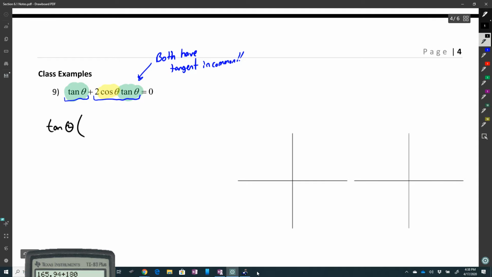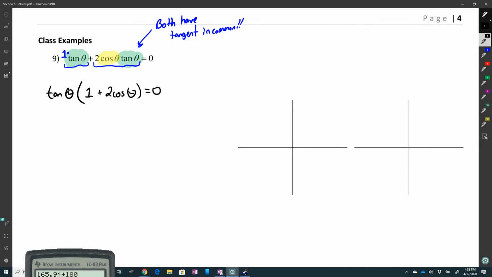I can take the tangent theta out, and there's an invisible 1 here. Kind of looks weird written right there. But there's always 1 times tangent, so if the tangent's gone, a 1 is left over. And if the tangent's gone, a 2 cosine theta is left over.